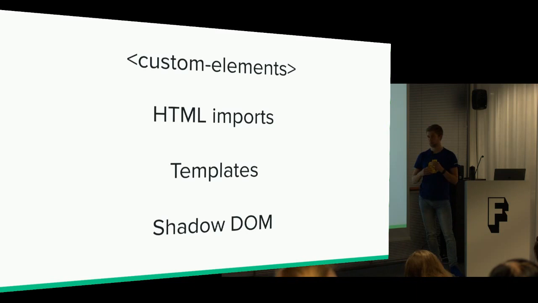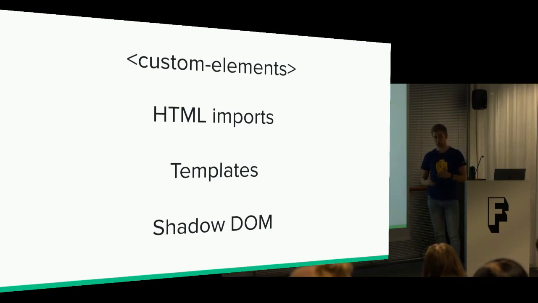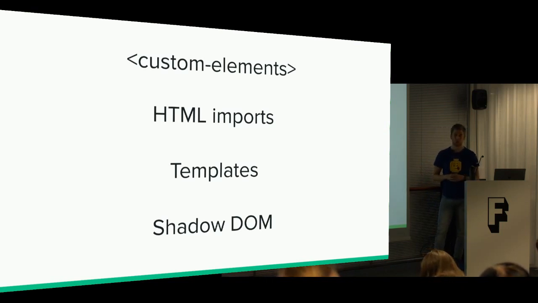Meaning that if we put some CSS rules, those CSS rules should not affect anything that is inside the Shadow DOM. Meaning that if we create these reusable custom elements, we know that they work exactly the same way, doesn't matter what the application is or what framework it is using.